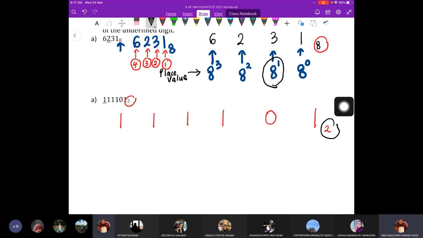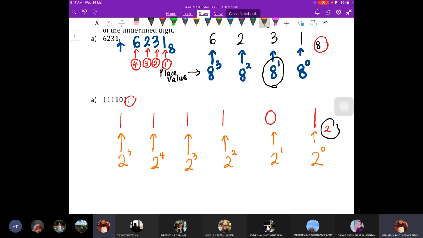So since it is in base 2, so kita akan pergi 2 to the power of 0 untuk this one. 0 will be 2 to the power of 1. 1 will be 2 to the power of 2. The second will be 2 to the power of 3. Next, it will be 2 to the power of 4. And then finally, 2 to the power of 5. So this is actually the place value for each digit.